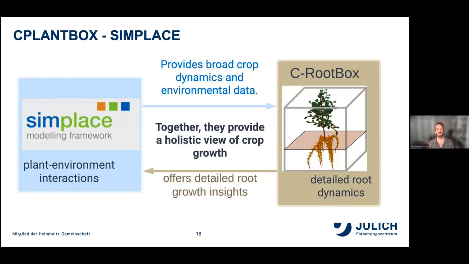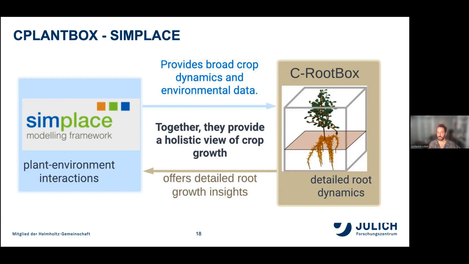So the root system component in most crop models is very basic, and the idea here was to improve the representation of SimPlace's roots with CRootBox. And so there is a communication between the two models where SimPlace sends global variables and global states to CRootBox, that can then grow a more detailed root system and then send back that root system, or at least a simplified version of that root system that can be understood by SimPlace, to have a better representation of the root system in SimPlace.